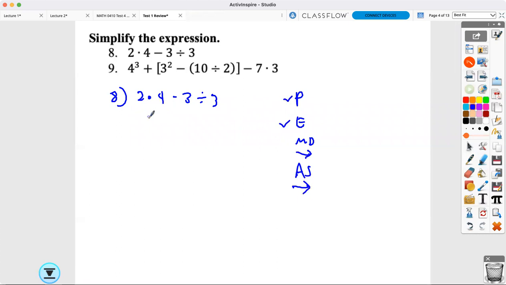Right. 2 times 4 is 8, minus 3 divided by 3 is 1. That gives us 1. This gives us 8. 8 take away 1 is what? 7. And we're done. Number 9.